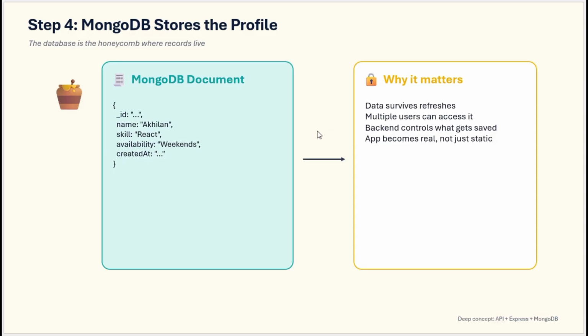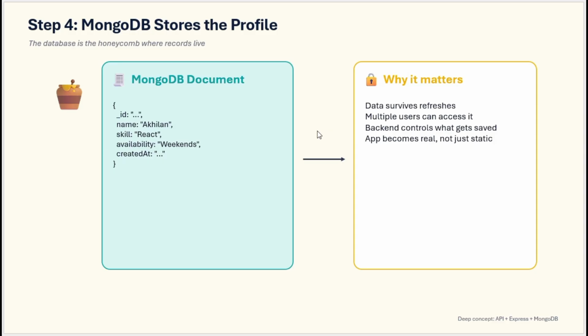Okay, so moving on. Once the backend has the data, it can save it to MongoDB. As I mentioned before, in my bee metaphor, MongoDB is the honeycomb. Each cell stores one useful piece of information.